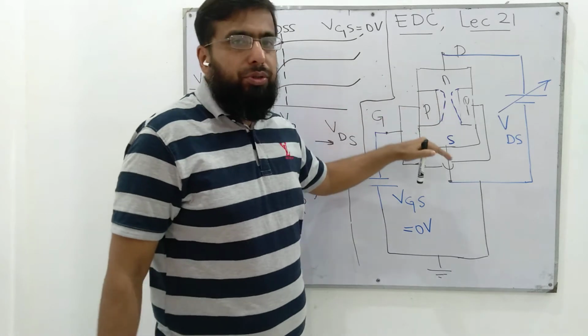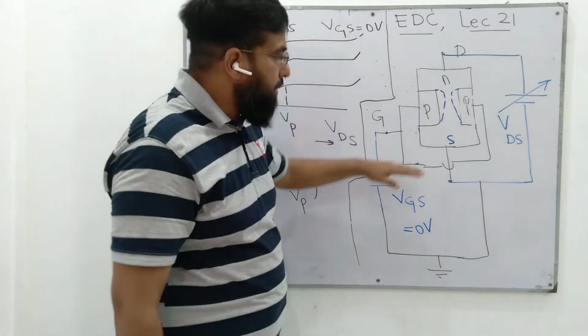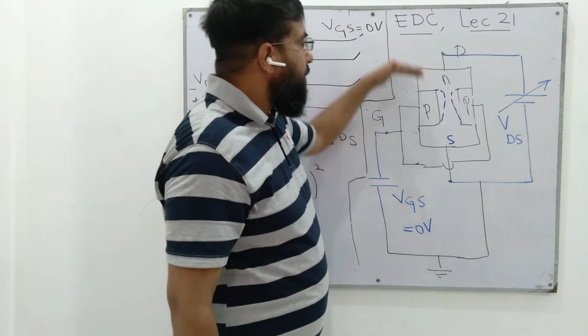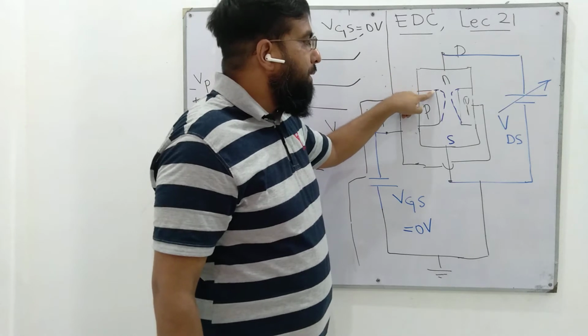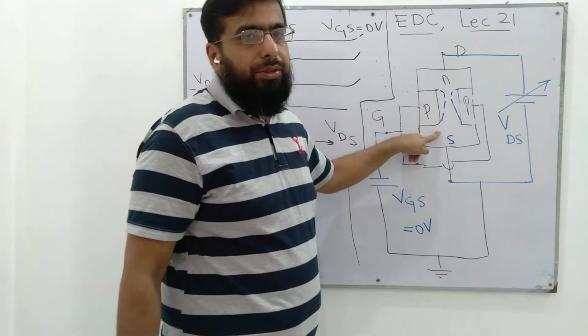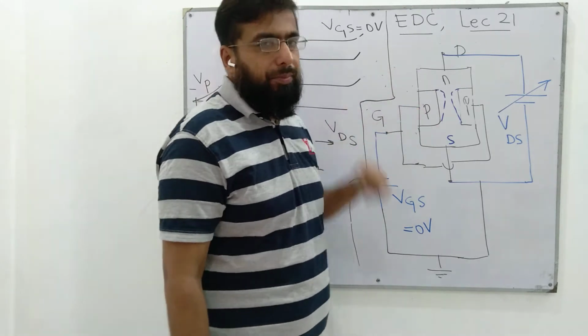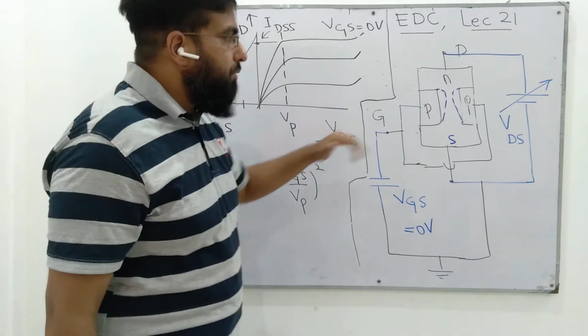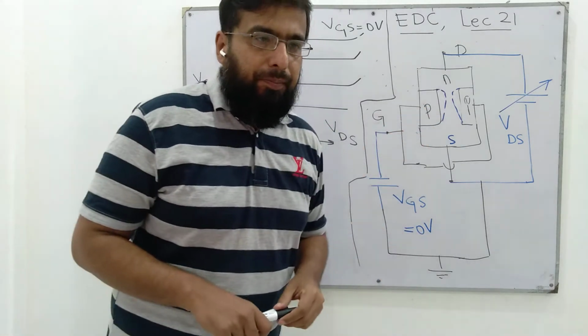The width is non-uniform because the lower side, the source, is at a lower voltage compared to the drain, the upper side. So the amount of reverse bias differs from top to bottom.